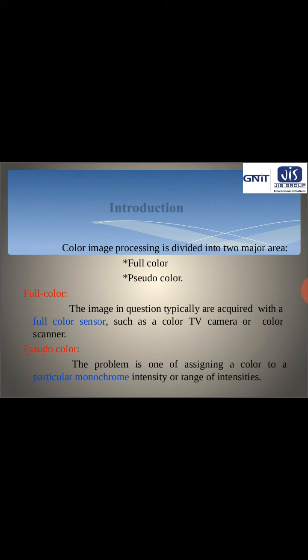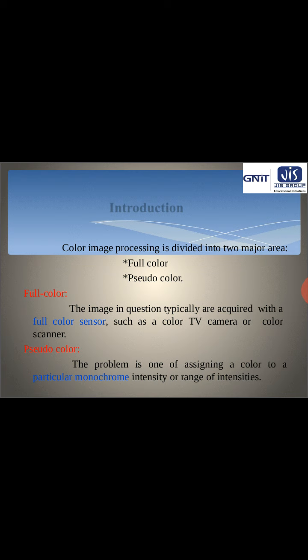Now color image processing is divided into two major areas. One is full color image processing, another is pseudo color image processing. For full color image processing, the images in question are typically acquired with a full color sensor such as a color TV camera, color digital camera, or color scanner.